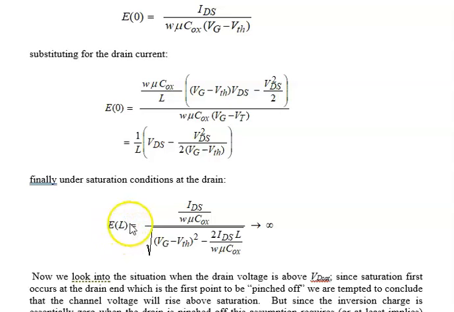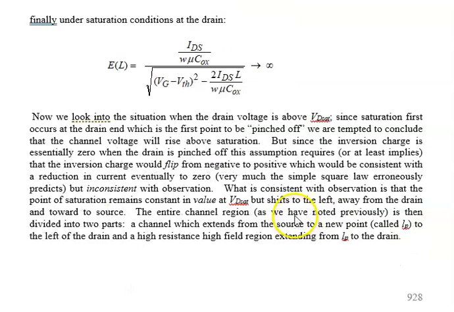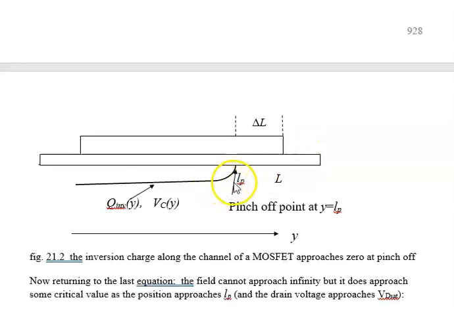Again, at saturation, at the drain, every path leads to infinity. So now we want to look at the situation where the drain voltage VDS is above VDSAT. In that case, what we claim, and I think we mentioned this previously, is that the pinch-off point moves from the drain to the left into the channel, and that's shown here.